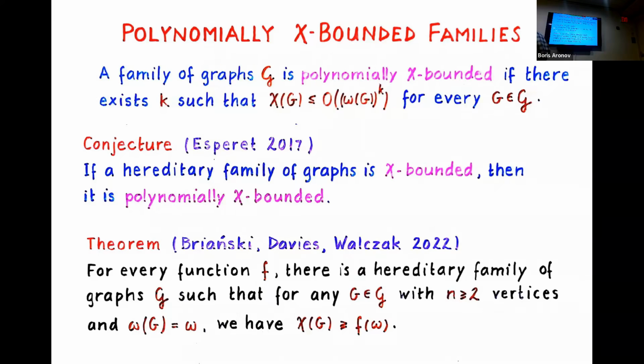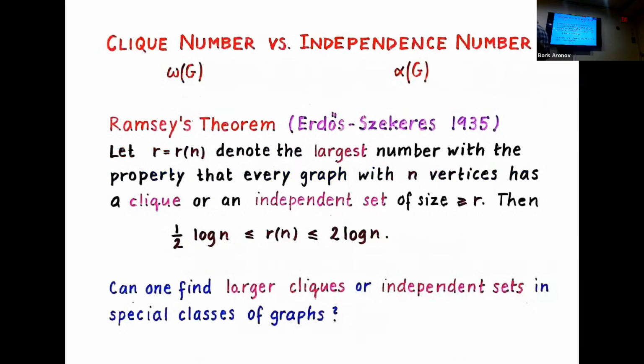Now, I'd like to point out that this whole subject of chi-bounded or nearly perfect graphs is very much related to one of the central topics of graph theory. This is Ramsey theory. Again, the clique number we have seen, and the independence number is the complement, the largest number of vertices in the graph so that no two of them are connected by an edge.